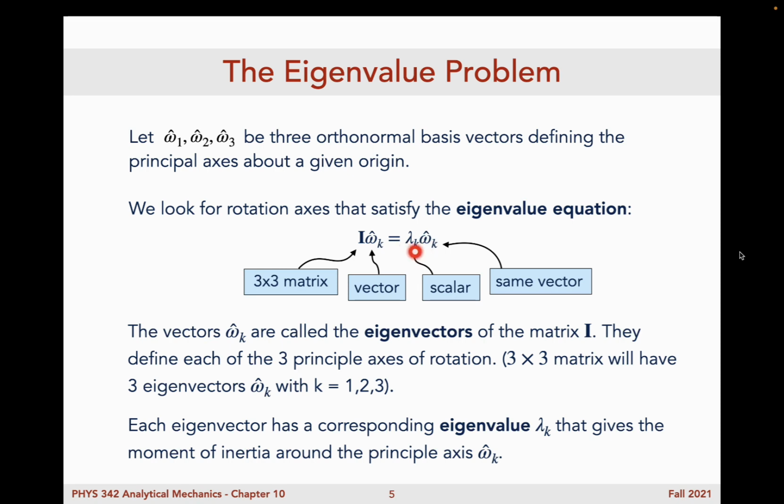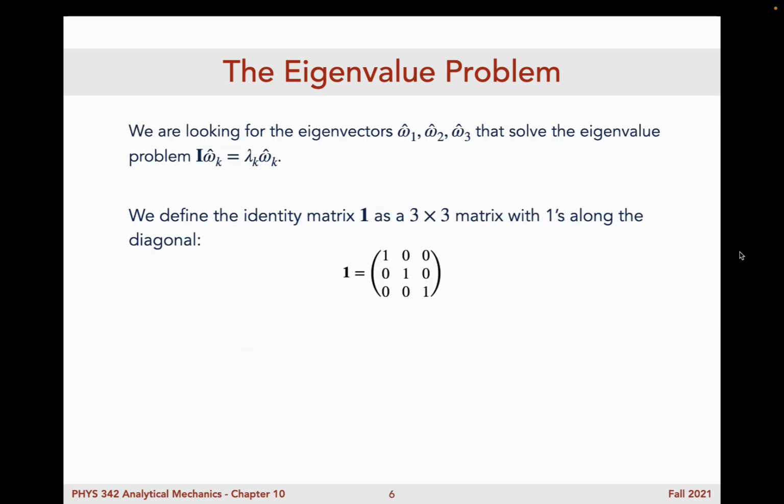The eigenvalues are those lambda coefficients out in front, and they will be equal to the moment of inertia around the corresponding principal axis. So again, we'll be trying to solve for three eigenvectors, and each eigenvector will have the corresponding eigenvalue. And what we want to do is solve this equation.